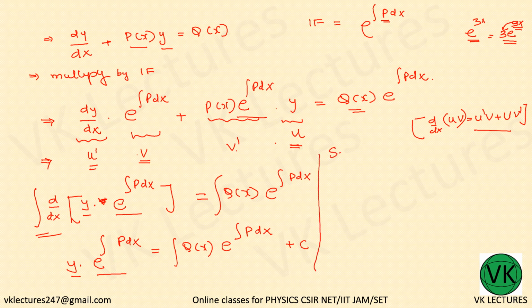Solution is y into integrating factor, you can write the integrating factor as itself, equal to integral of q of x into integrating factor dx plus c. So this is the solution to the differential equation when your function is of this form.